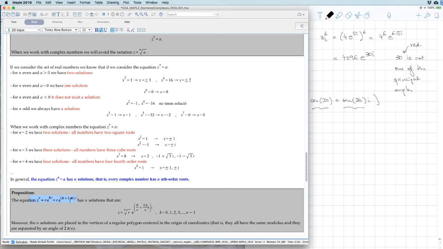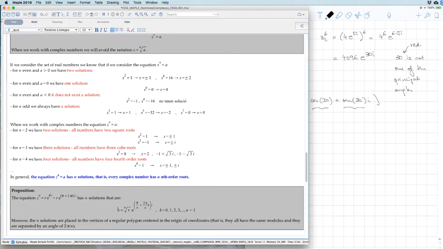So this equation has, as we have said, n solutions. And which are these solutions? With the modulus, we take its nth order root. And with the argument, which is this one, we divide it by n. And this holds for these values of k, which is 0, 1, 2, 3, up to n minus 1.